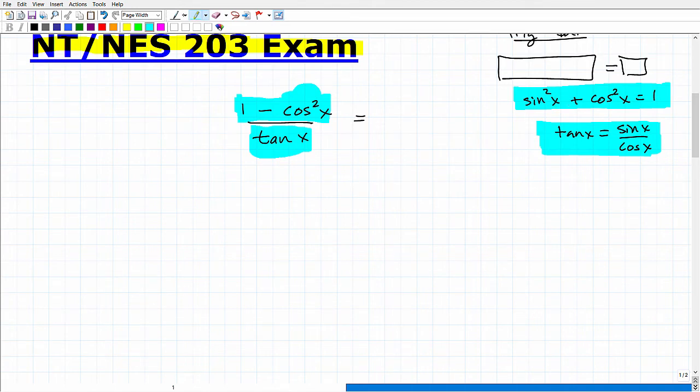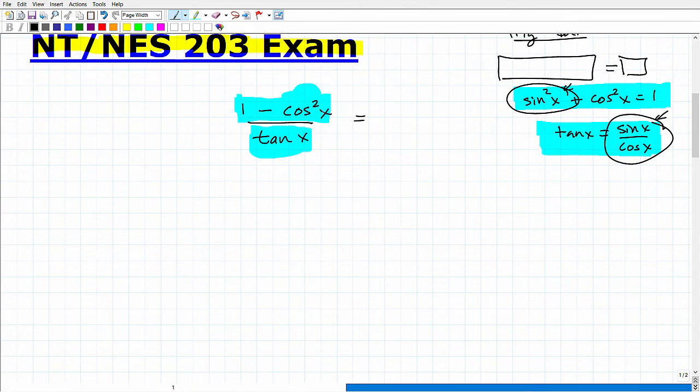If you are nimble with your algebraic skills, we can rewrite this 1 minus cosine squared x as sine squared x. I'll show you that in a second. And tangent x, I can rewrite in terms of sine x over cosine x. So I'm going to try to get as much of this written in one trigonometric function. It looks like we can use sine to help us out. So let's go ahead and do that now.